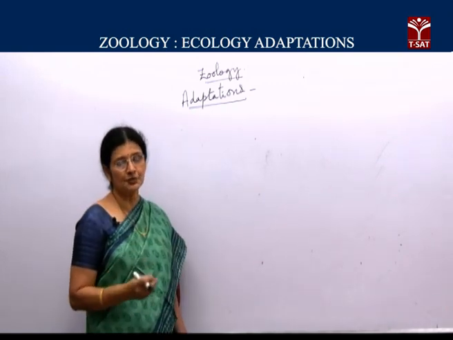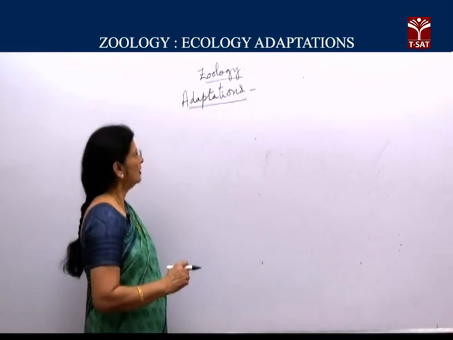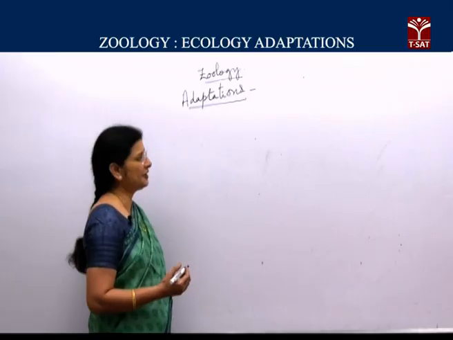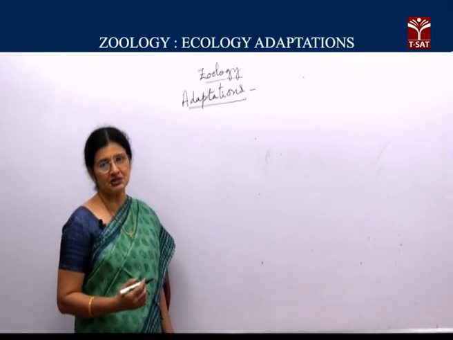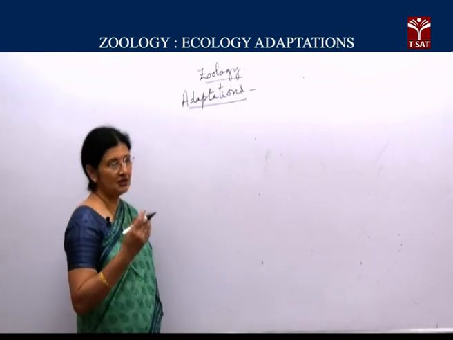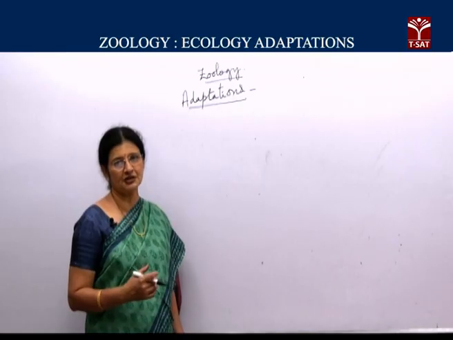Mainly, the first and most important ecological factor is temperature. So let us discuss the adaptations exhibited by organisms for changes in temperature, changes in the salinity of water, and changes in the pressure inside the water.